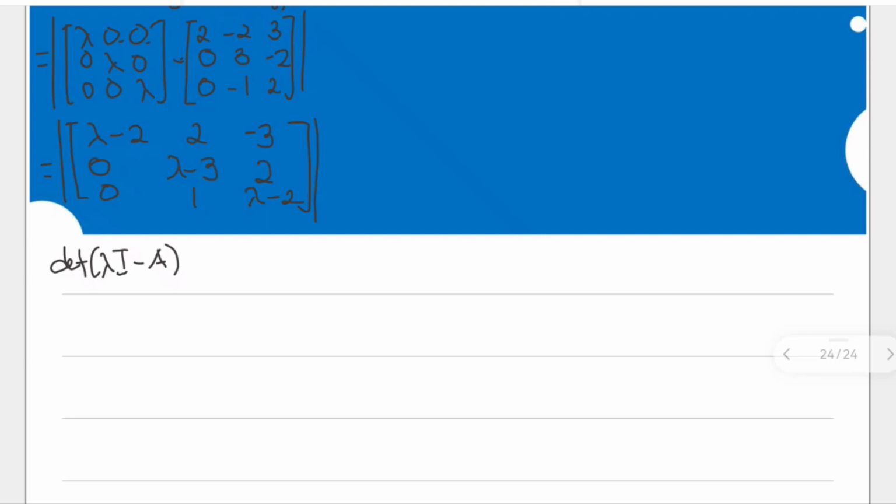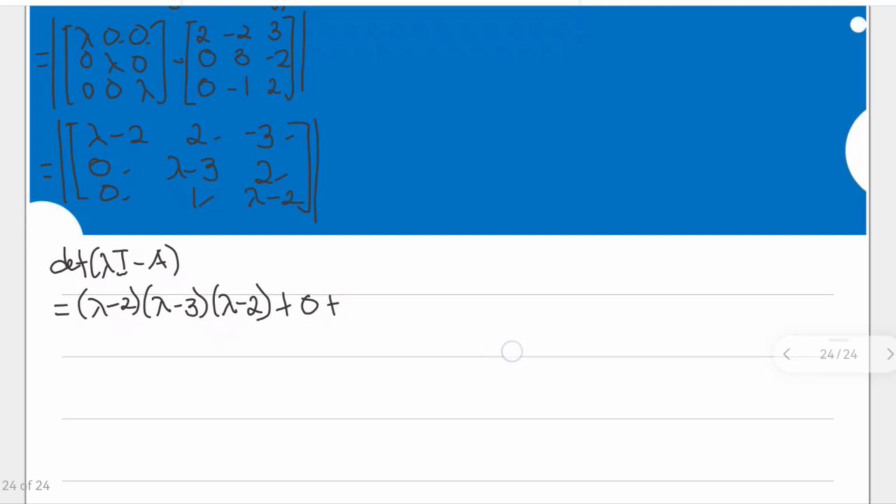As we go from upper left to right, all of them will be positive, but from upper right to lower left, we'll have subtraction. So let's start with this. The product of the main diagonal: lambda minus 2, lambda minus 3, then lambda minus 2, another minus 2 here. Then we have plus 2 times 2 times 0, which is 0, plus negative 3 times 1 times 0, which is also 0.